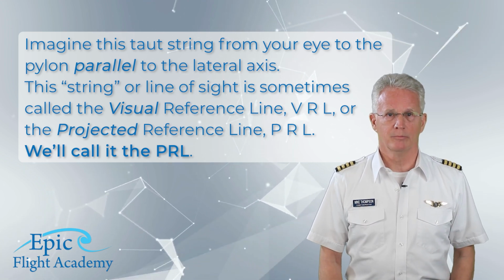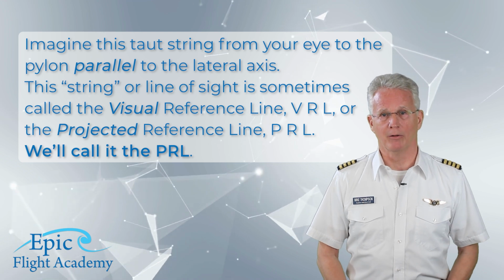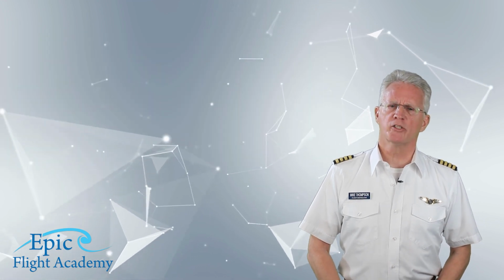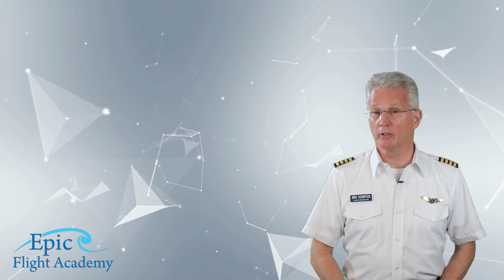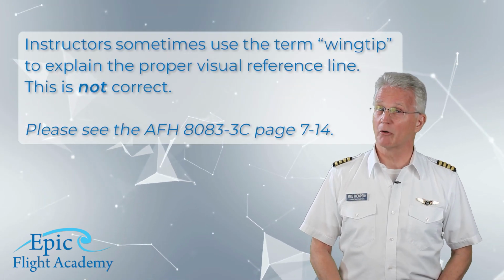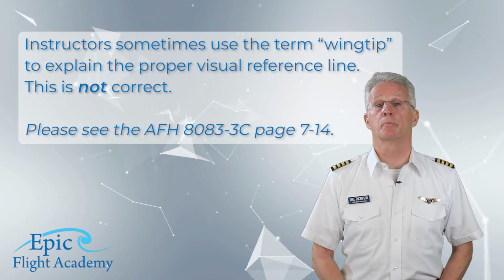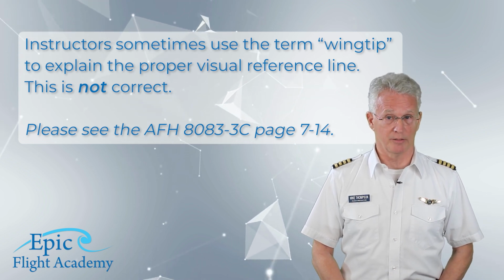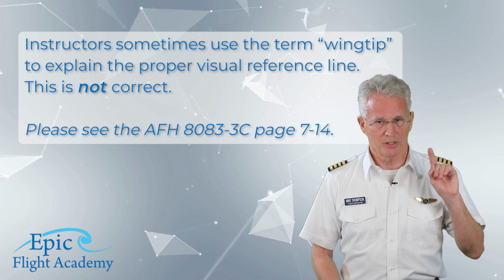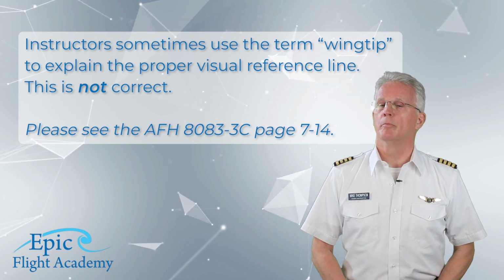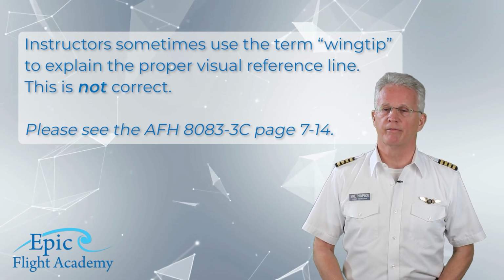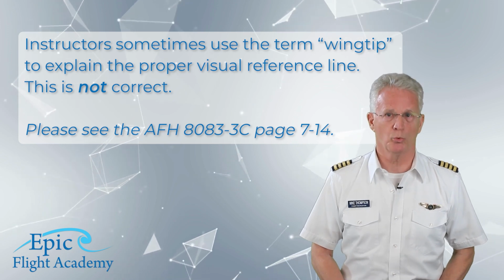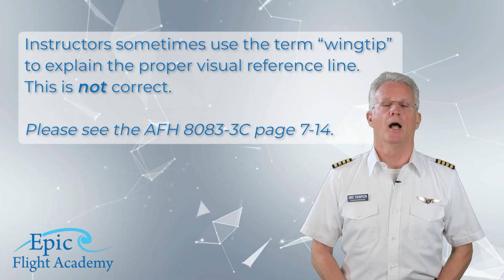We'll call it the PRL. When explaining this maneuver, instructors sometimes use the term wingtip to explain the proper visual reference line. This is not correct. Please see the Airplane Flying Handbook 8083 3C on page 7-14.